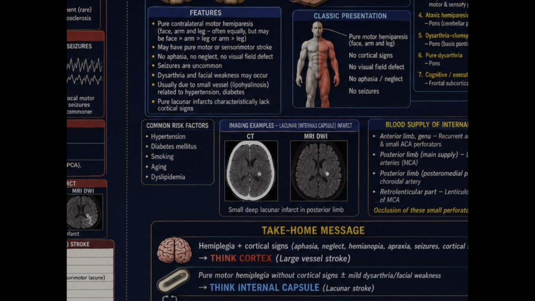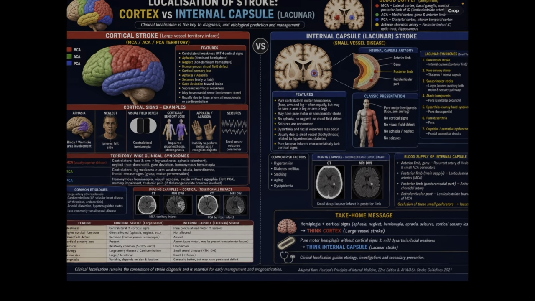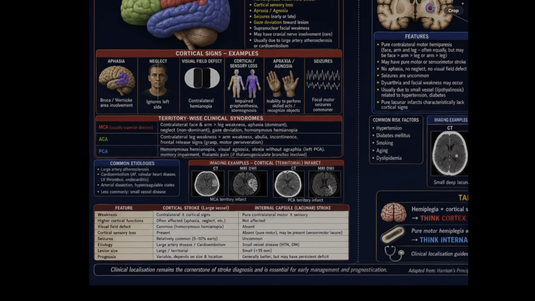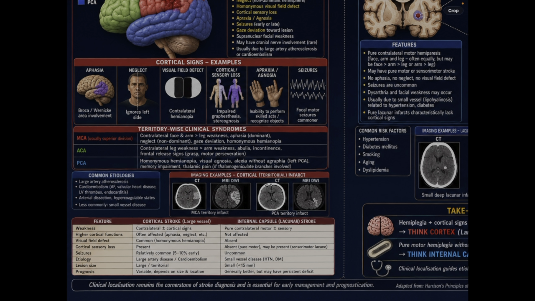What are Harrison's clinical pearls? Cortical signs localize the lesion to the cerebral cortex. Pure motor hemiparesis is the classic lacunar syndrome due to posterior limb internal capsule infarction, so it localizes to the posterior limb of the internal capsule.